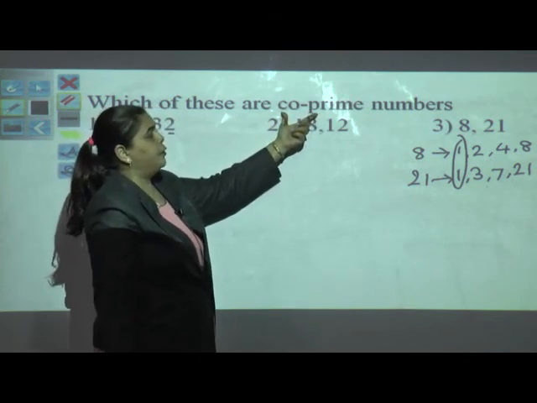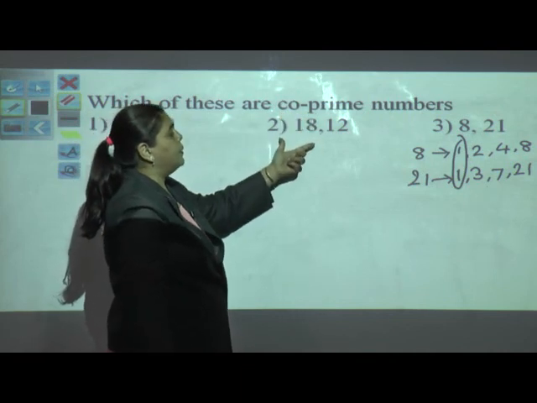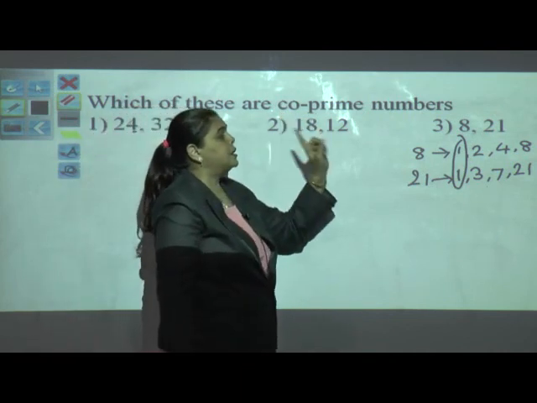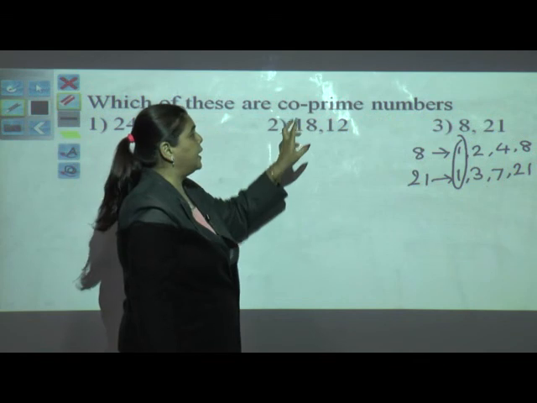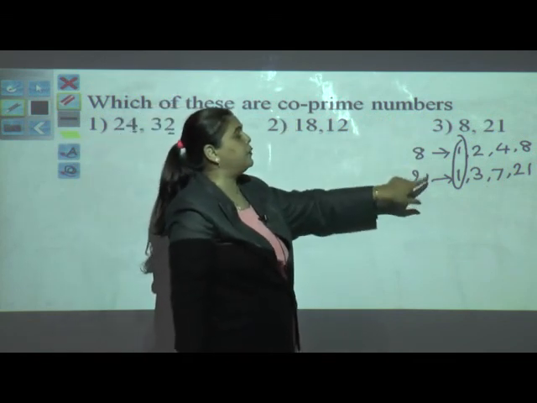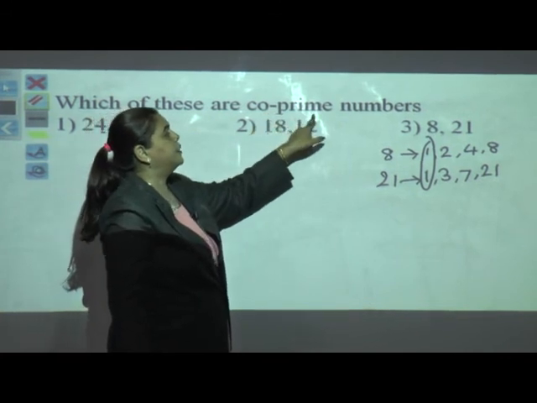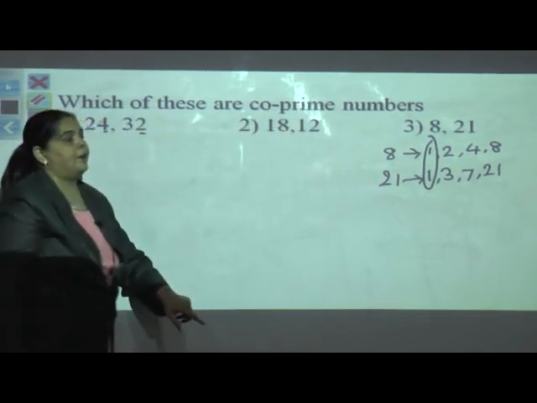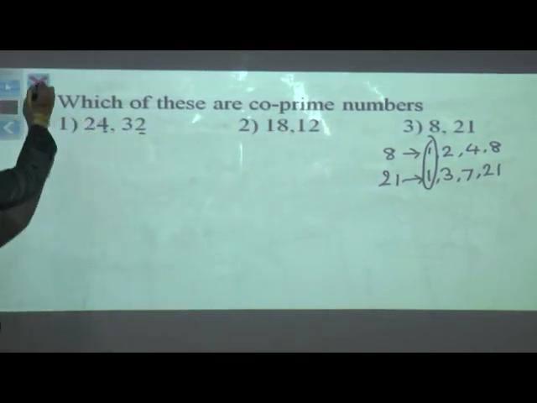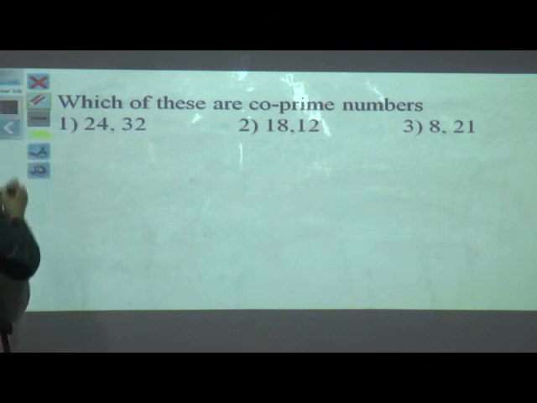Again I explain, because you might be getting confused: if there is only 1 as a common factor between two numbers, three numbers, or four numbers, then those numbers are called co-prime numbers. I think everyone understood what co-prime numbers are.